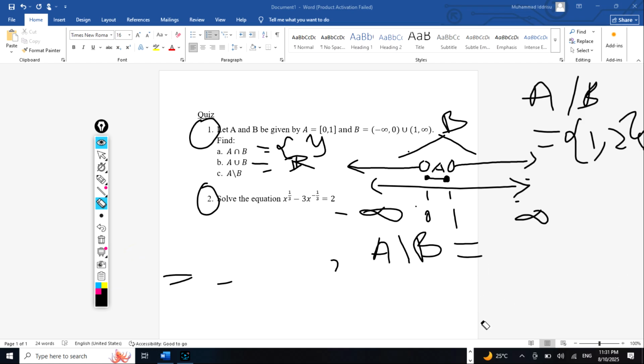So let's see, from our number line, we see that there is no point of overlap, there is no intersection between A and B. So A and not B is the same as A. The same as A, which is not a set, it's an interval notation, which is 0, 1.